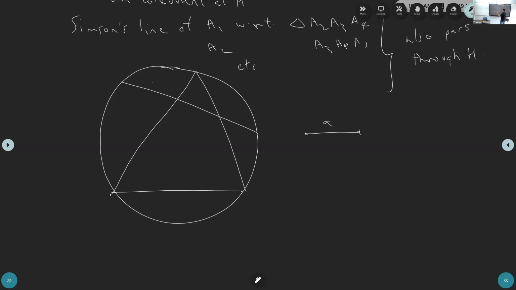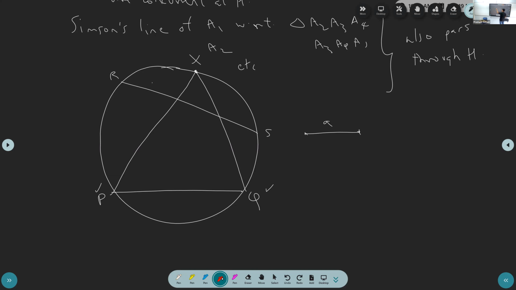So understand what are the fixed objects. So PQ are fixed. This, let us call it RS, is also fixed. Only this point is variable. Okay, so let me call it point X. So X is the variable point. And as the point X varies, what will happen? These points will also vary, right?